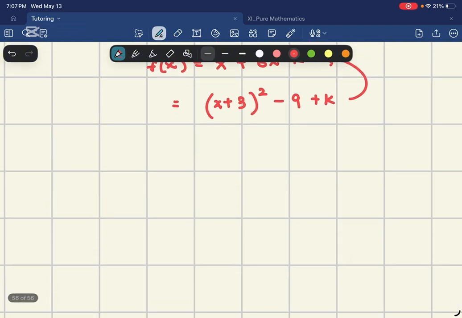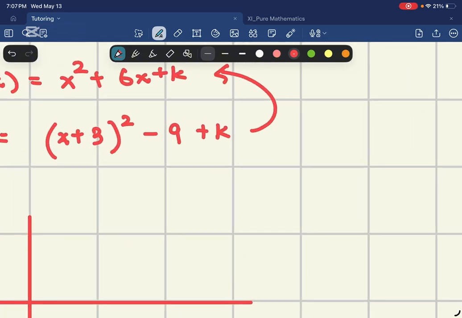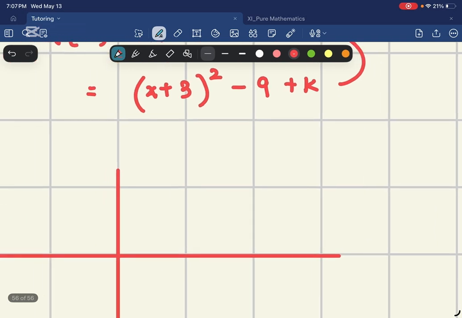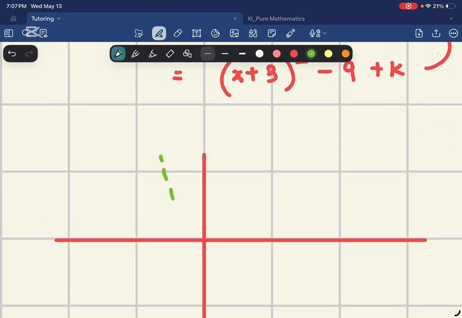So now I can visualize the curve. If you visualize the curve, you're going to get something like this. You have x plus 3. So x squared is usually like this. You are shifting it 3 units to the left, x plus 3.